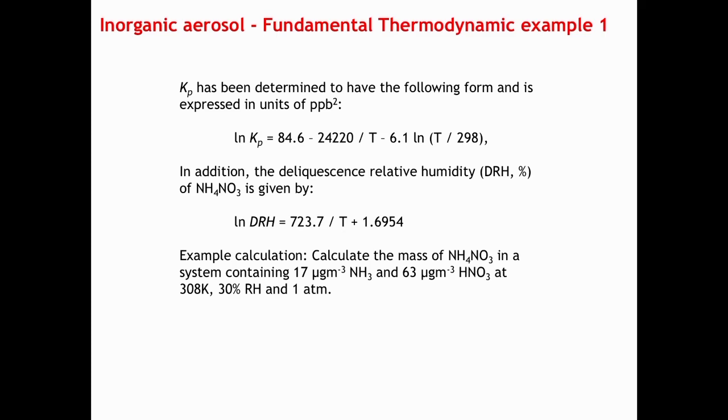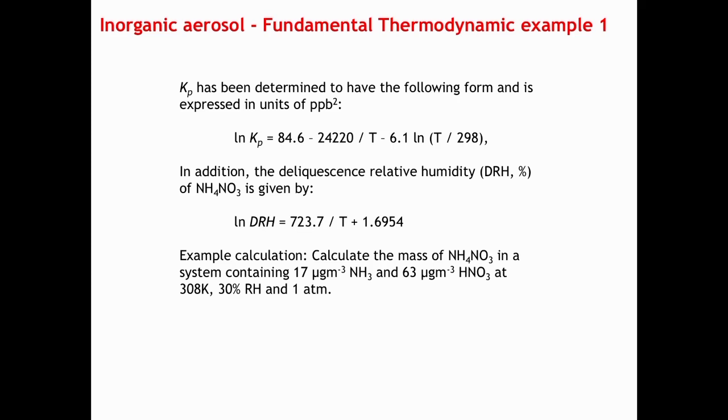So P NH3 times P HNO3 equals 625 parts per billion squared. It's actually 639 because you missed off the point. Yeah?